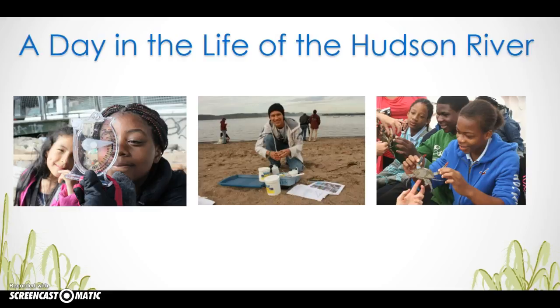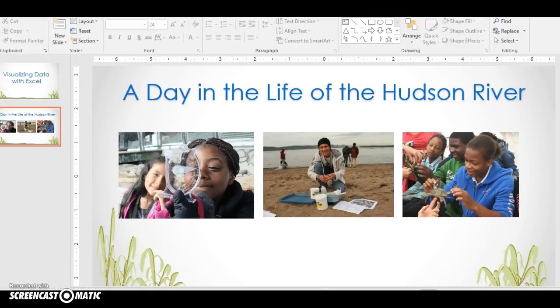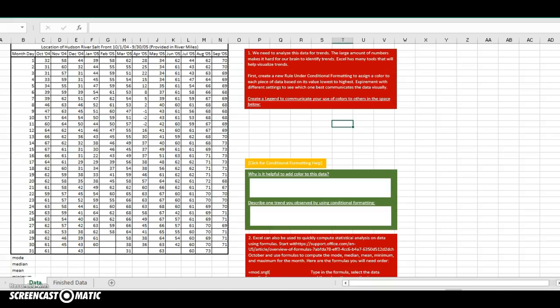So let's take a look at some data that came from that project. All right, so we've got this chart here. This is going to be our starting point for this lab. Can you take anything away from that? It's like a calendar with numbers.